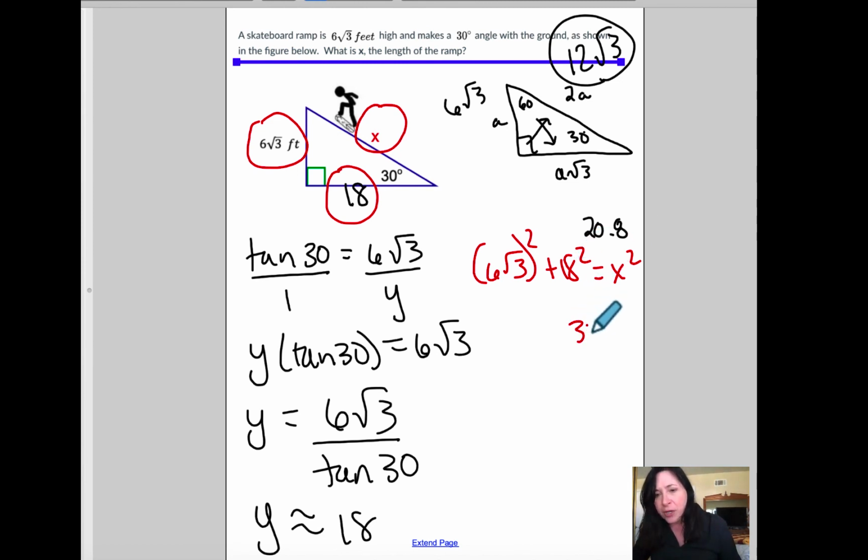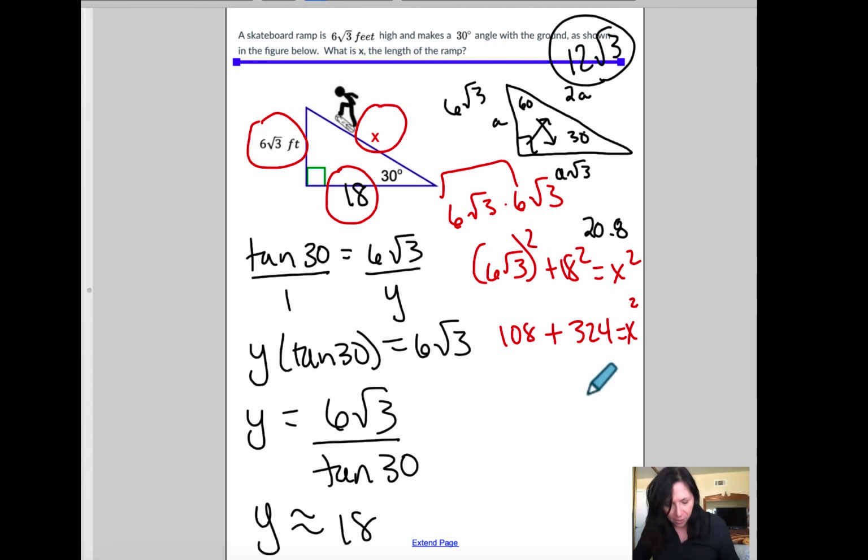Then 6 root 3 times 6 root 3: 6 times 6 is 36, and 36 times root 9, which is 3, is 108. Then 108 plus 324 is 432. So we have 432 is equal to x squared.